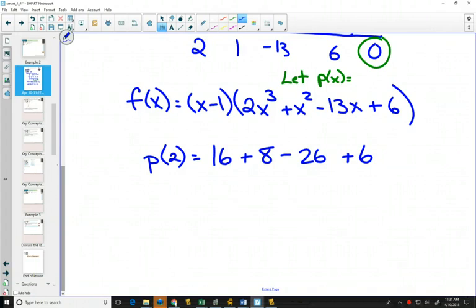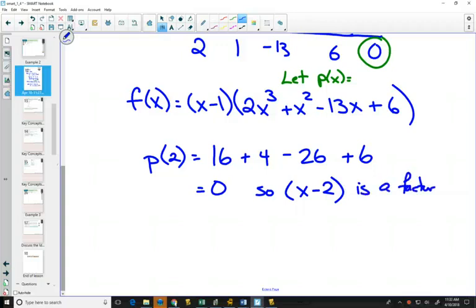Did I do everything right there? Oh, 2 squared is not 8. This will be 4. There we go. And if you add it all up, sure enough, that's equal to 0.